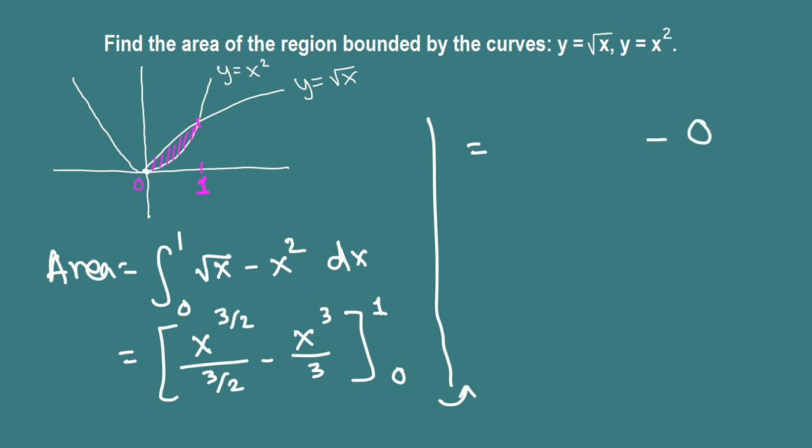Upper limit, replace x by 1 here and here, so 1 raised to a number is just 1, and the 3/2 becomes 2/3 when we move it. So 2/3 times 1 raised to anything, which is just 1, is 2/3, minus 1/3 x cubed, where x is 1, so 1 cubed is 1, and 1/3 times 1 is 1/3. And 2/3 minus 1/3 is just 1/3 square units. Final answer.